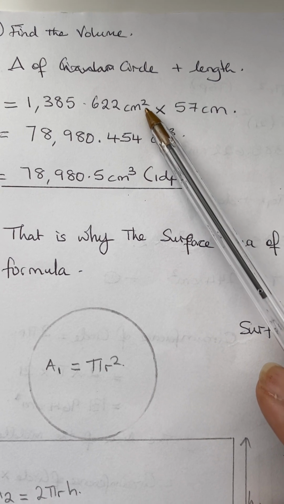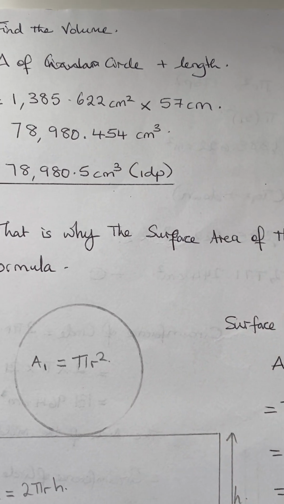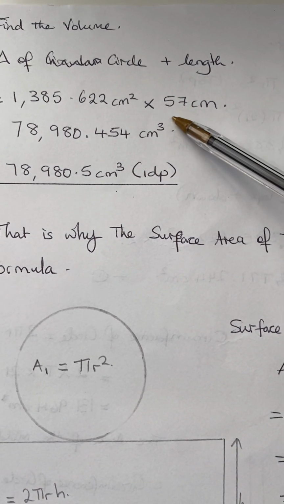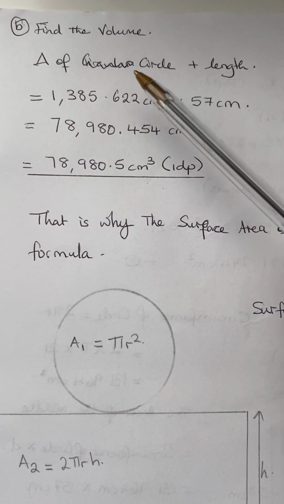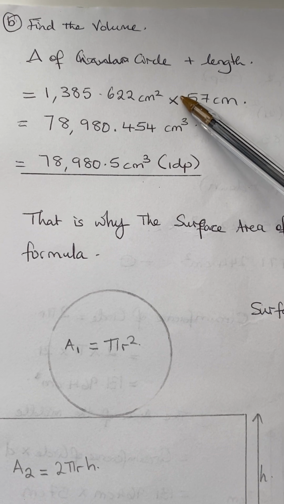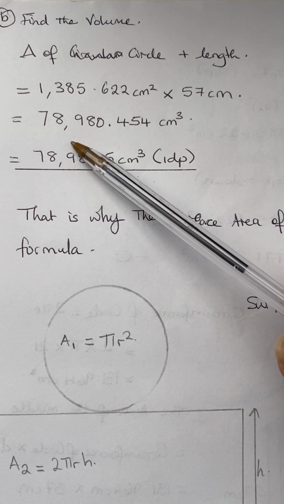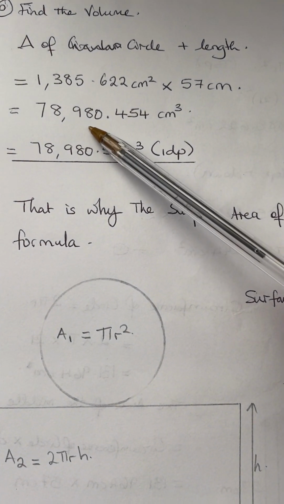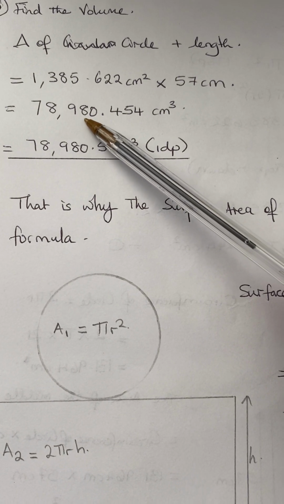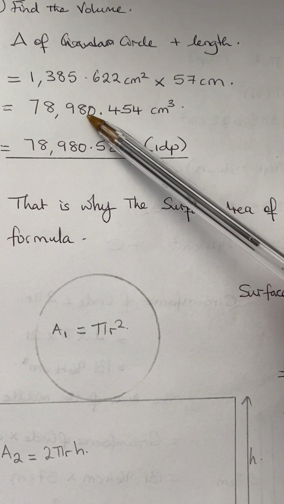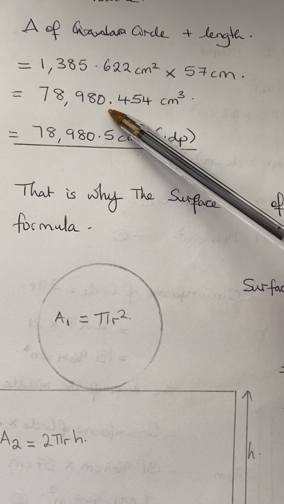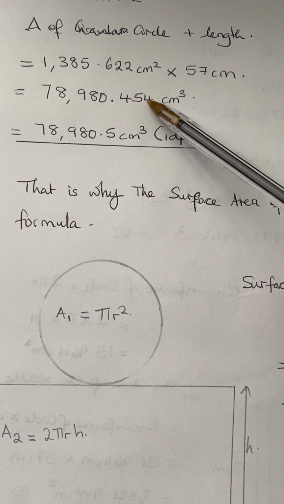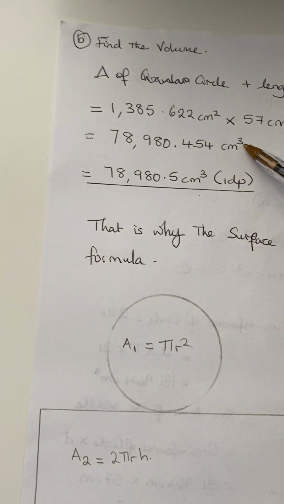Okay, the length of the whole cylinder is 54 centimeters. So if you multiply that, you get 78,980.454 centimeter cube.